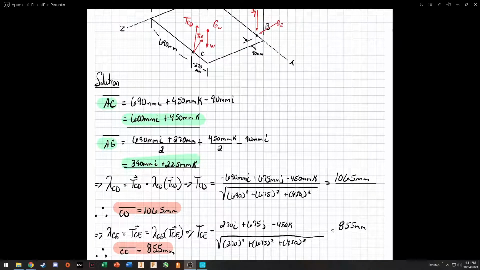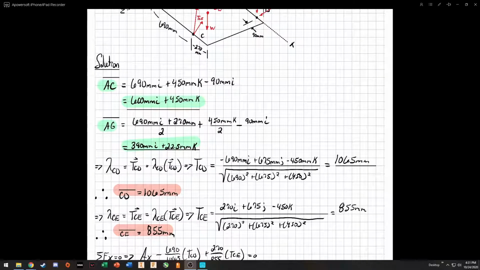Going right along with it, we get our lambda CD, which is equal to tension CD in vector form. Multiply those together for our sum of forces. So we're going to have tension CD equal to negative 690 millimeters I plus 675 millimeters J minus 450 millimeters K, all over the square root of 690 squared plus 675 squared plus 450 squared.